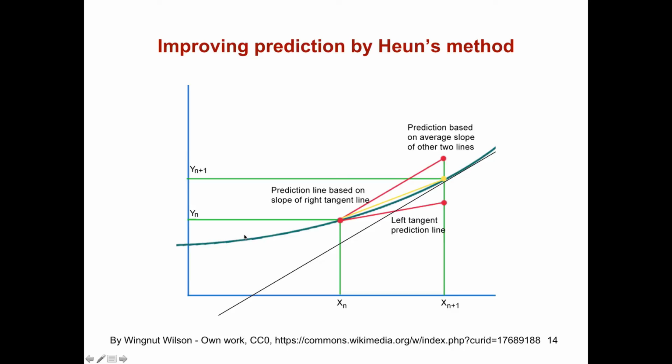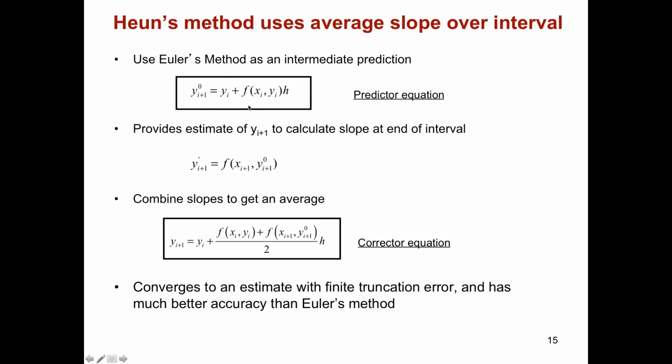So essentially, my method will go as follows: I first get a predictor. This is essentially my Euler's solution. I then evaluate the slope at that solution, and I average my first slope and the second slope, and this is now the slope that I'm going to ultimately take times h. Okay, that's one way.